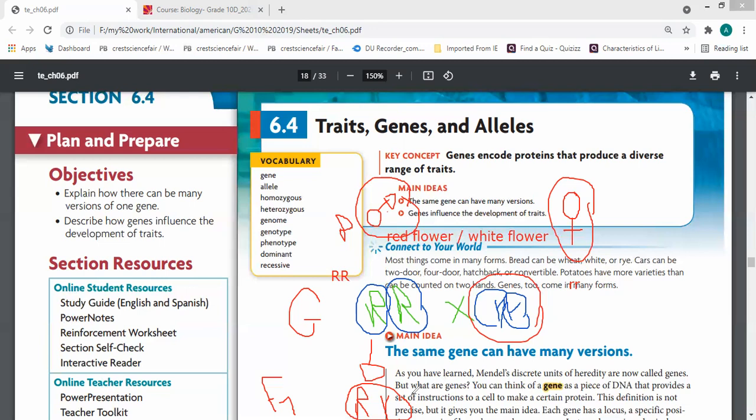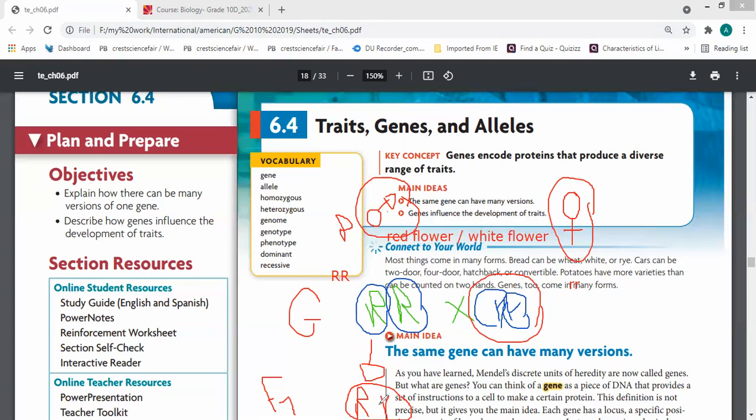Different what? Different trait. Red and white, capital or small. Red and white. But red is dominant over white, so it appears in the first generation by 100%.